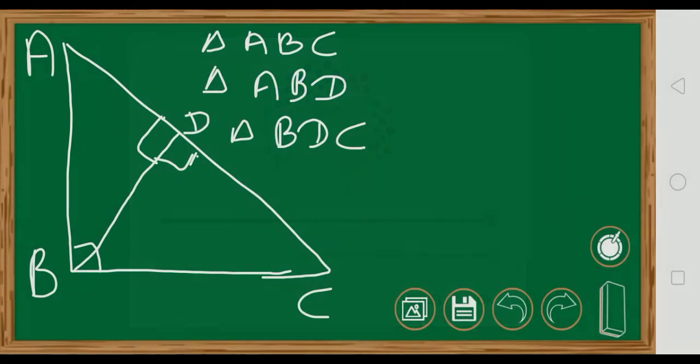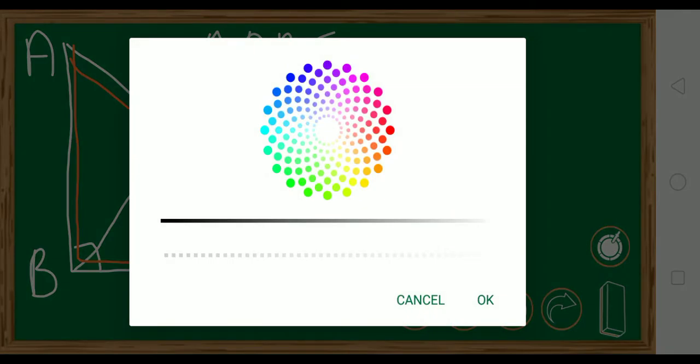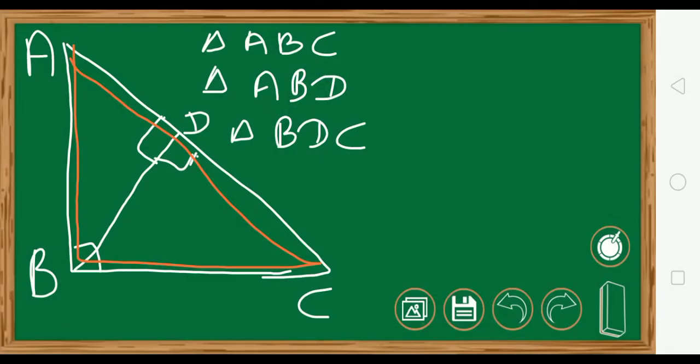Let us first see the bigger triangle ABC, that is this triangle ABC, full big one, and we will consider the smaller triangle ABD. Okay. Now see that both of them are having one angle 90 degrees.